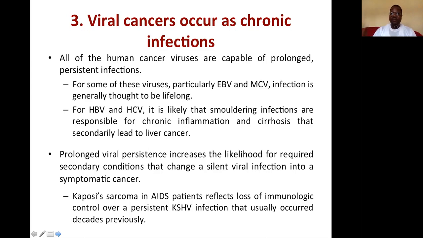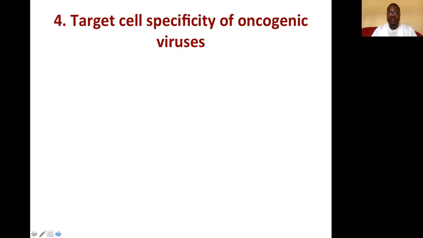Only then do you see the cancer development. This is what we commonly find in HIV patients who reach the AIDS stage and develop Kaposi sarcoma. It really reflects the loss of immunologic control over the virus. Your body loses control over the virus.